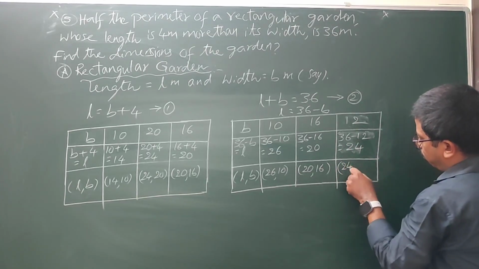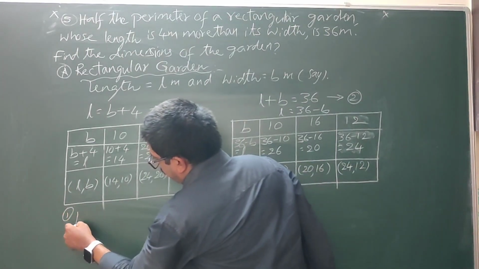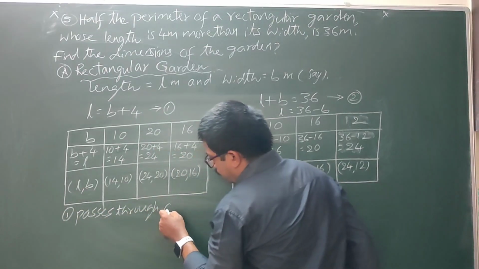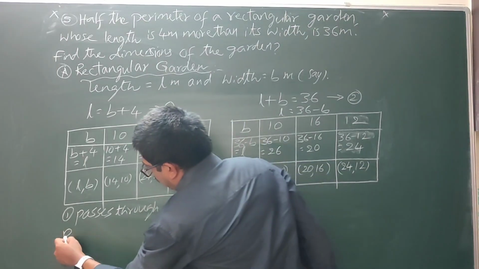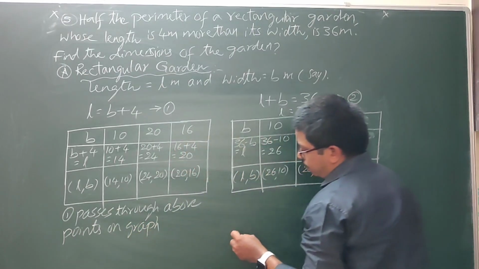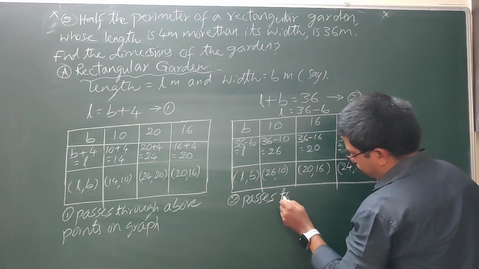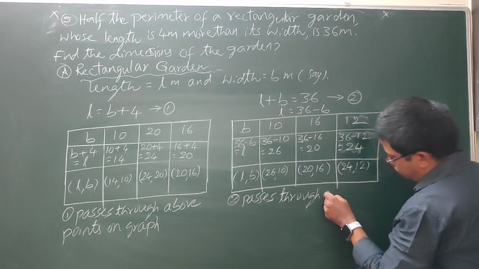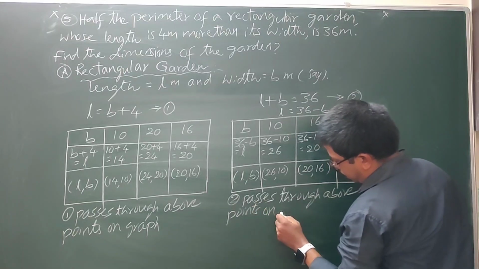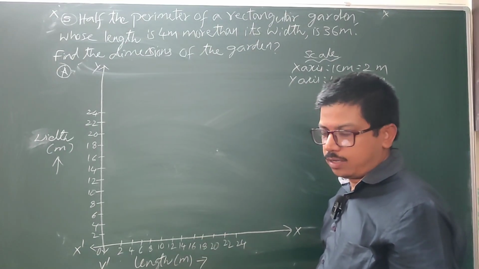So it is 24, 12. So here equation 1 passes through the above points on graph. Here equation 2 passes through the above points on graph. Now let us plot the points on graph.